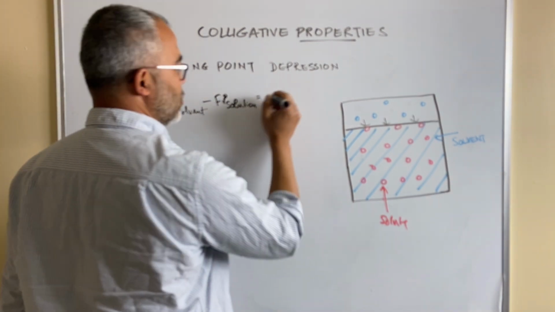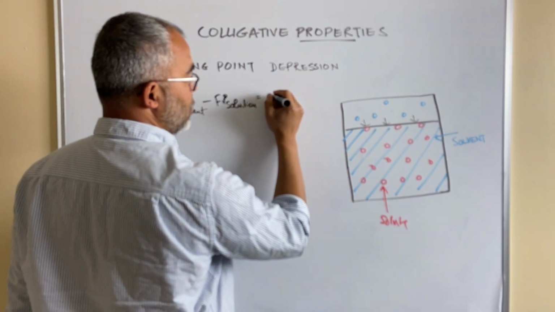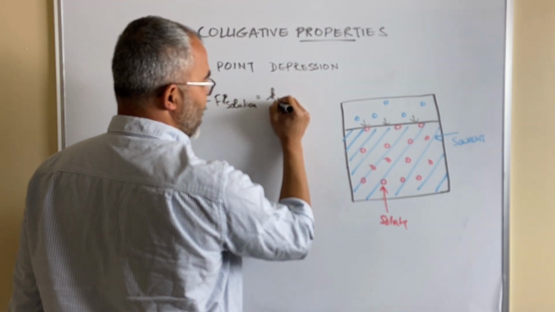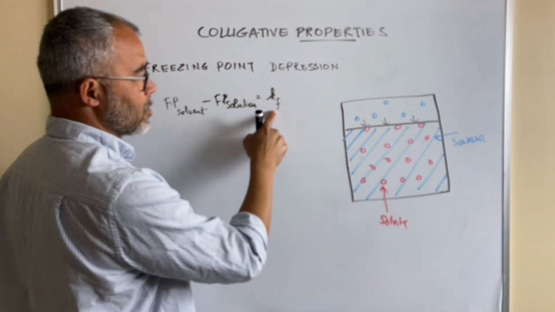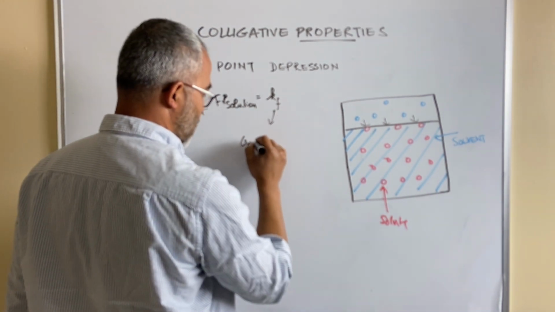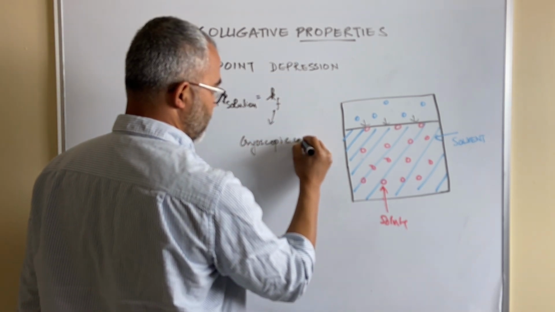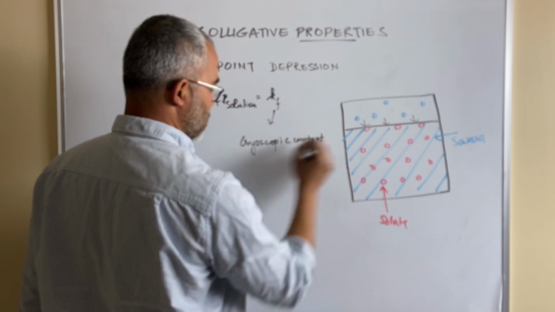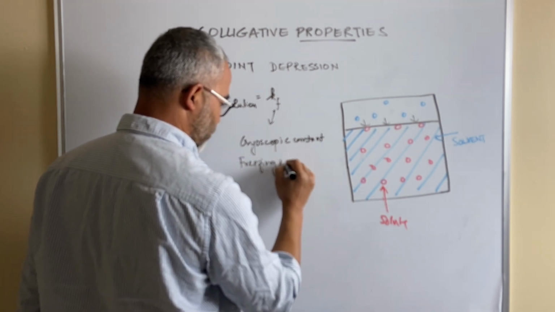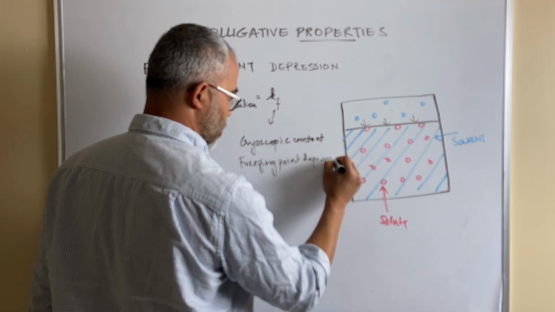That is equal to, so the freezing point of the solvent minus freezing point of the solution is equal to Kf, so that's a constant, which is called the freezing point depression constant, also known as the cryoscopic constant. Also, let's write that out, freezing point depression constant.